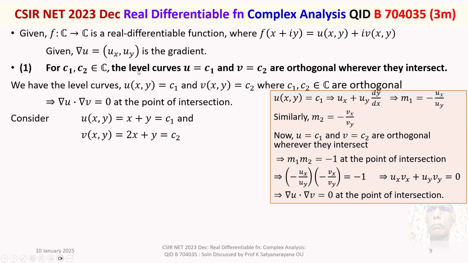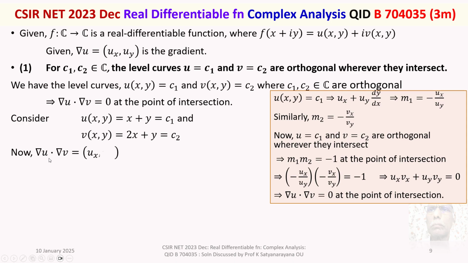These are the real and imaginary parts of a real differentiable function. Remember here, f(x+iy) with u = x + y, and v = 2x + y, is a real differentiable function.